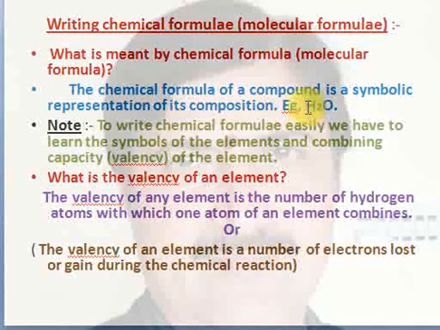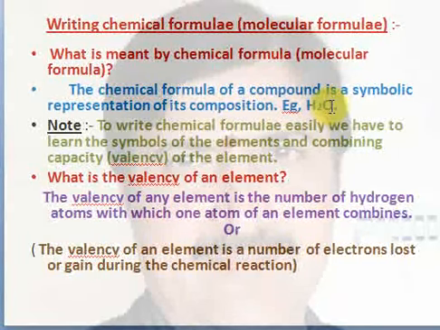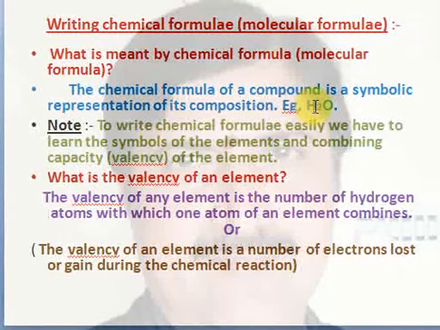If any chemical substance contains more than one element, then it is called a molecule. So water is a molecule. The molecular formula of water is H2O. Water molecule consists of two atoms of hydrogen and one atom of oxygen.